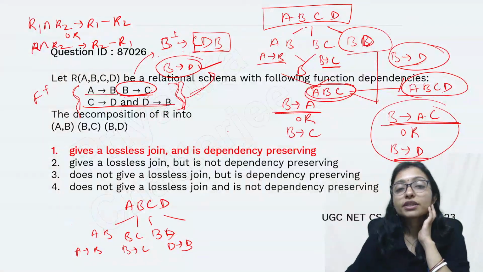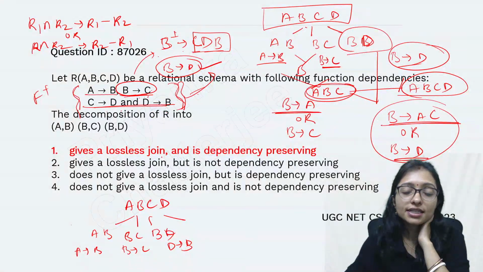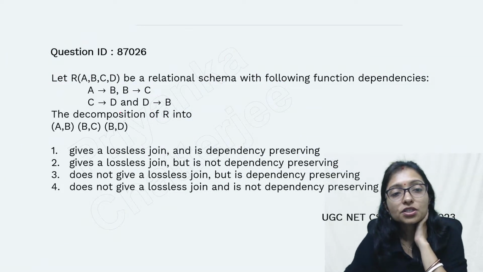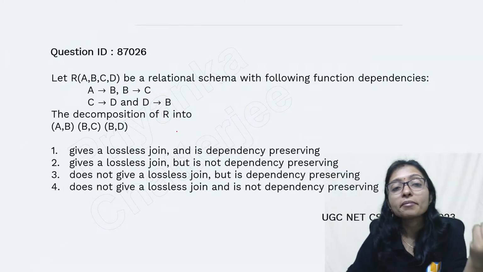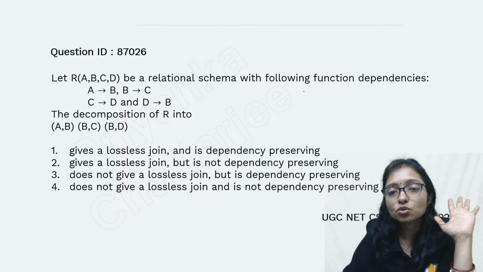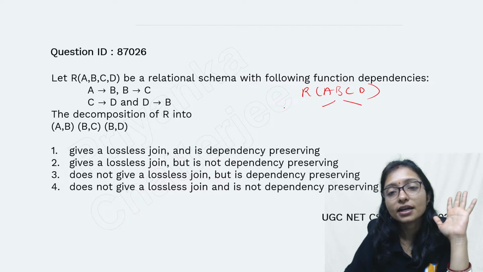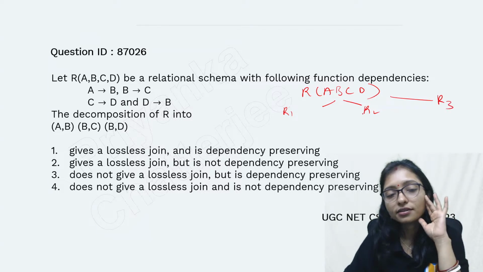Okay, so then here in this question, is it dependency preserving or not? Check it. In this question, directly do the backtracking. Easiest way to do the backtracking. What is my requirement? It is I am getting or not. A, B, C, D. When it is divided into 3 parts, R1, R2 and R3.